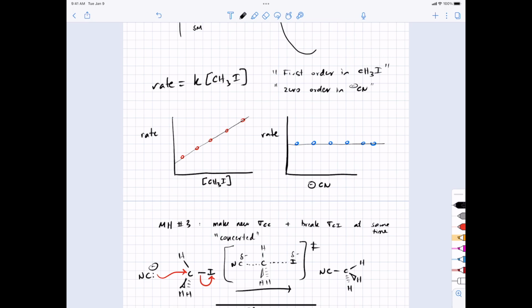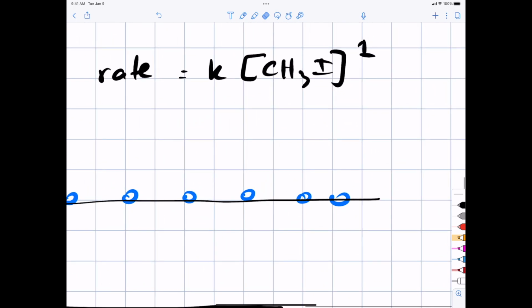Technically you could write the rate law like this, with methyl iodide raised to the power of 1 and CN minus raised to the power of 0. Okay, and because this reaction only involves one molecule in the rate determining step, we would say that this is a unimolecular reaction.